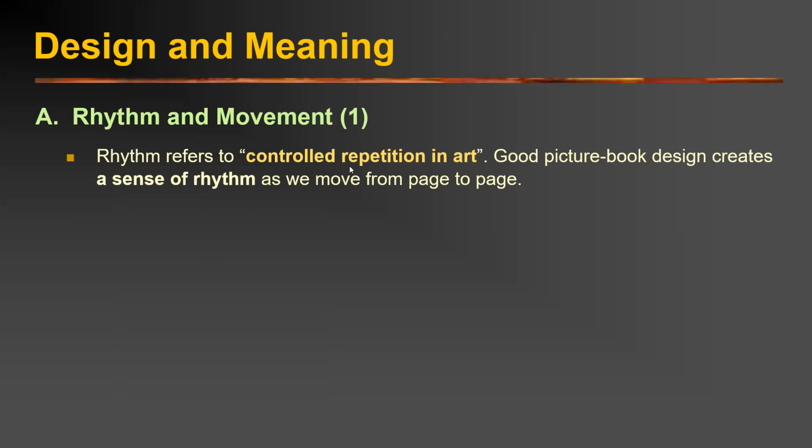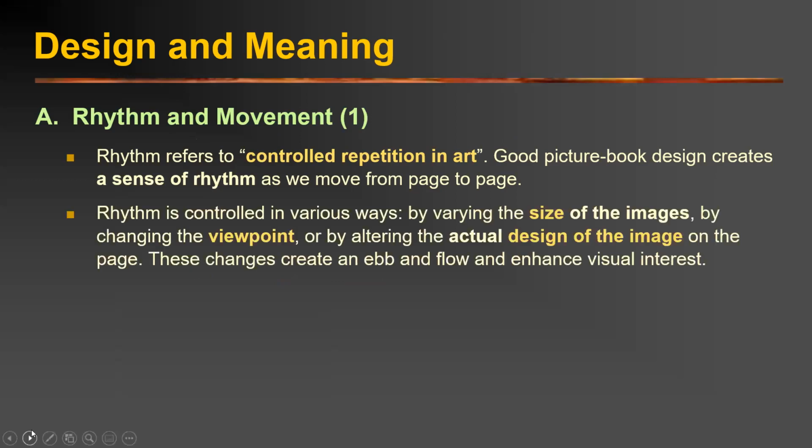Rhythm refers to controlled repetition in art. Good picture book design creates a sense of rhythm as we move from page to page. Rhythm is controlled in various ways by varying the size of the images, by changing the viewpoint or perspective, or by altering the actual design of the image on the page.